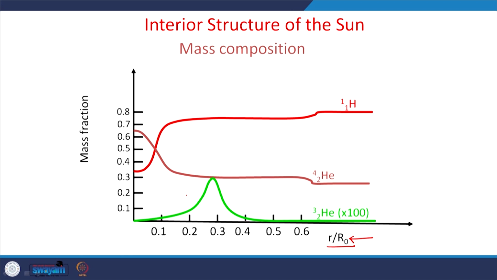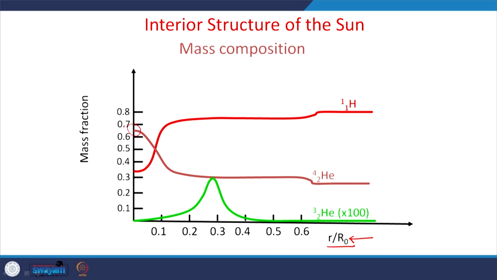Let us say, for example, that at the core you have little hydrogen, and as you move away from the core, the hydrogen concentration starts increasing. Interestingly, at the core you see the maximum amount of helium, not hydrogen. That means hydrogen has fused to form helium at the core.